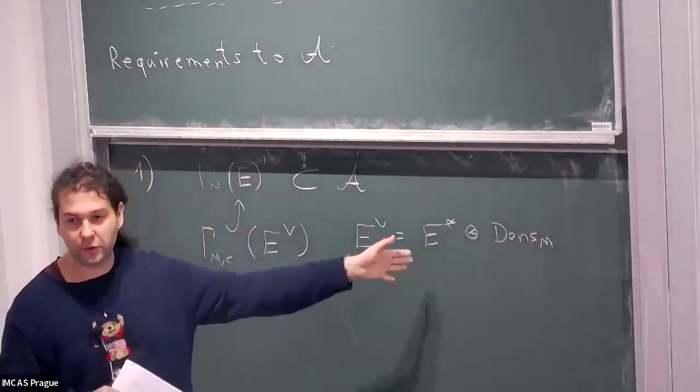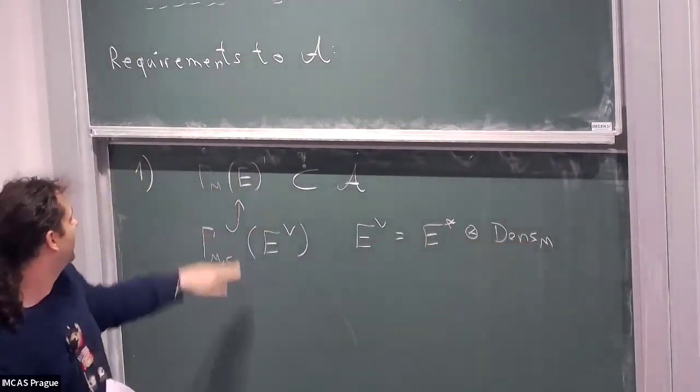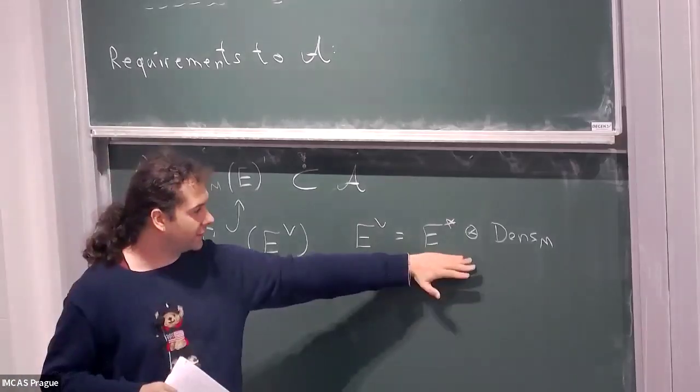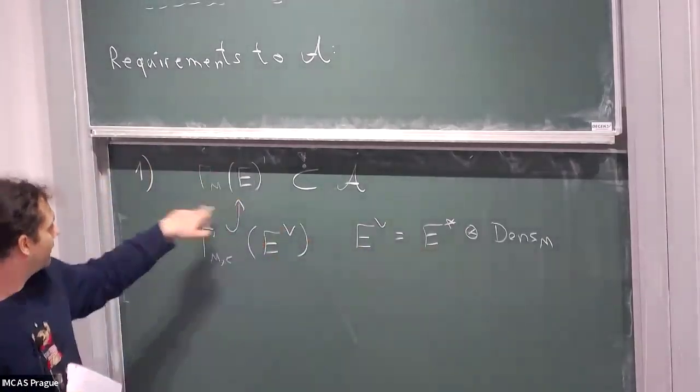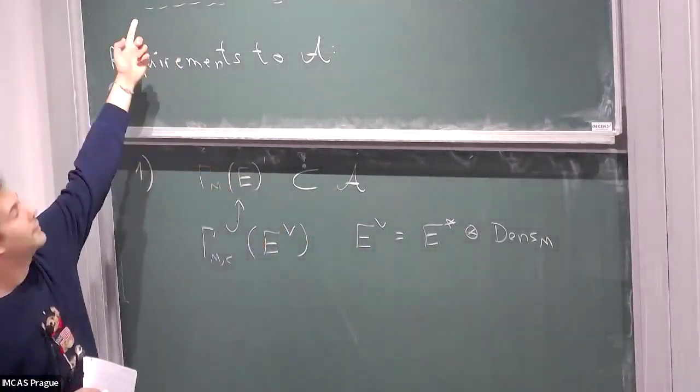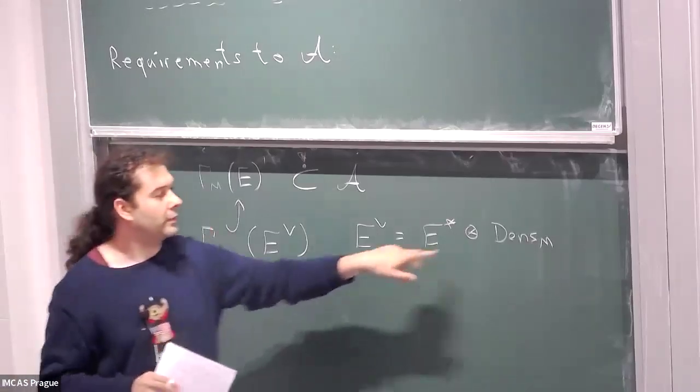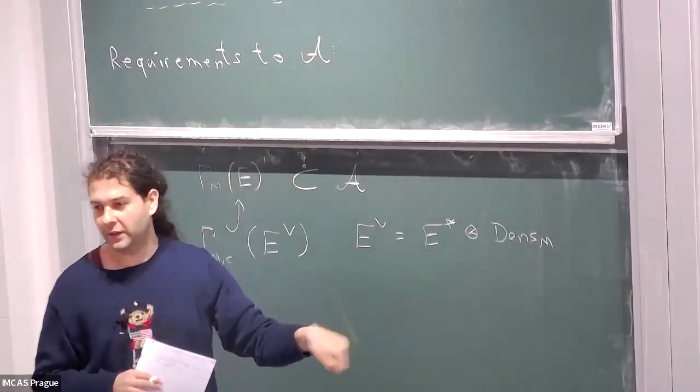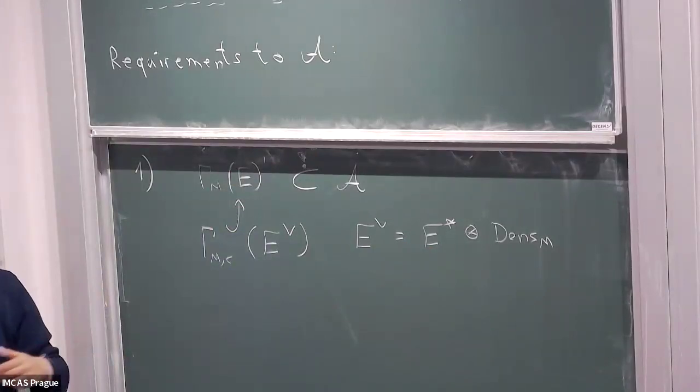This is something we need to integrate, because when we think of a section like this as something we can apply to an element of Q, we pair them, we obtain a density, we integrate over the whole manifold, and that gives us the functional.